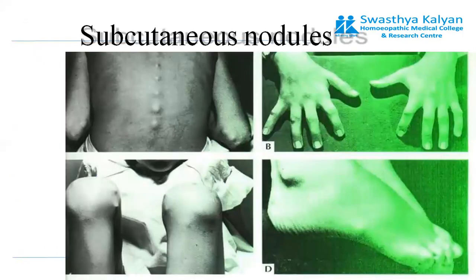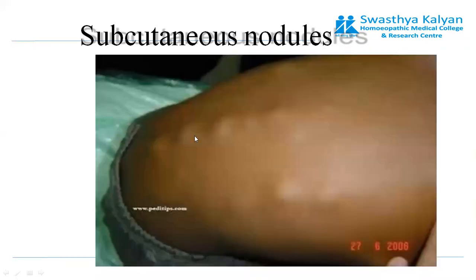Next in series is subcutaneous nodule. So you can see here some nodules, this one, and even this, this prominence can be seen. So these are all subcutaneous nodules. Then you can see these nodules here.